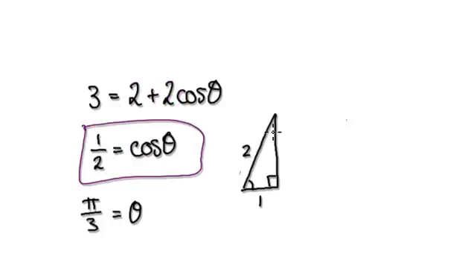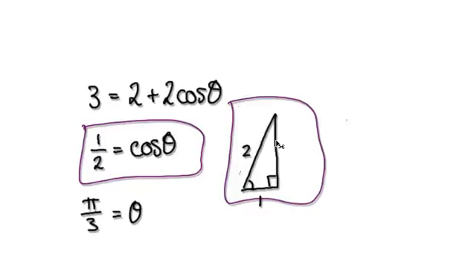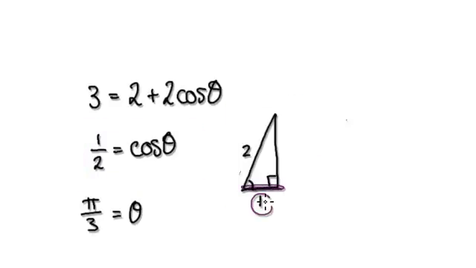From here you should visualize this famous triangle where the base is 1 and the hypotenuse is 2. Whenever you have this angle here, this is really 60 degrees, and 60 degrees is pi over 3.